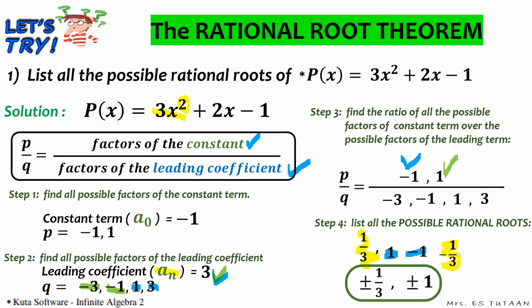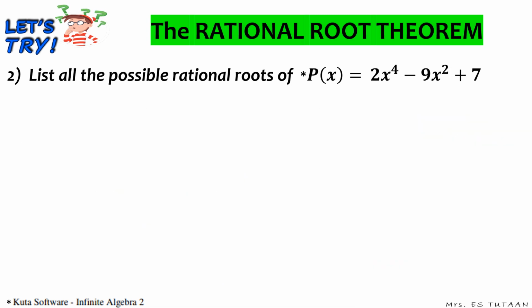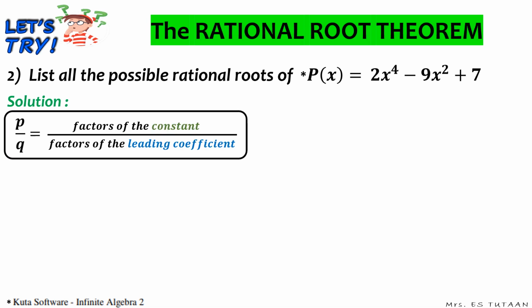Let's try number 2. Problem number 2, list all the possible rational roots of p of x is equal to 2x to the 4th minus 9x squared plus 7. So, we will write our guide.